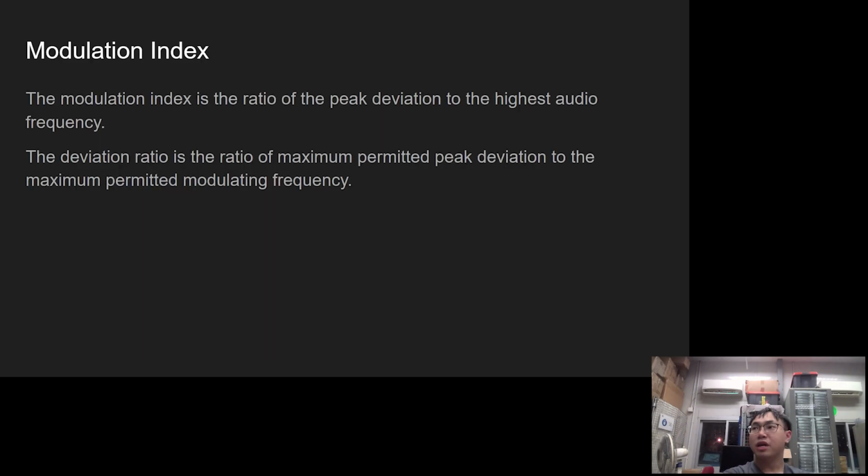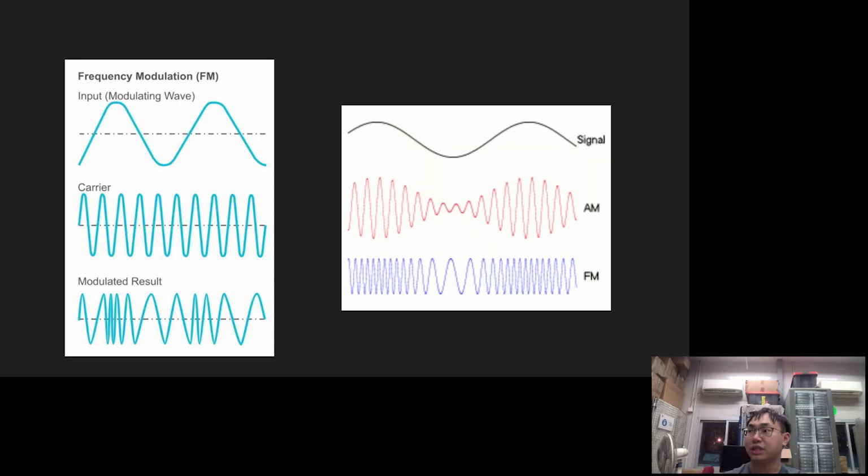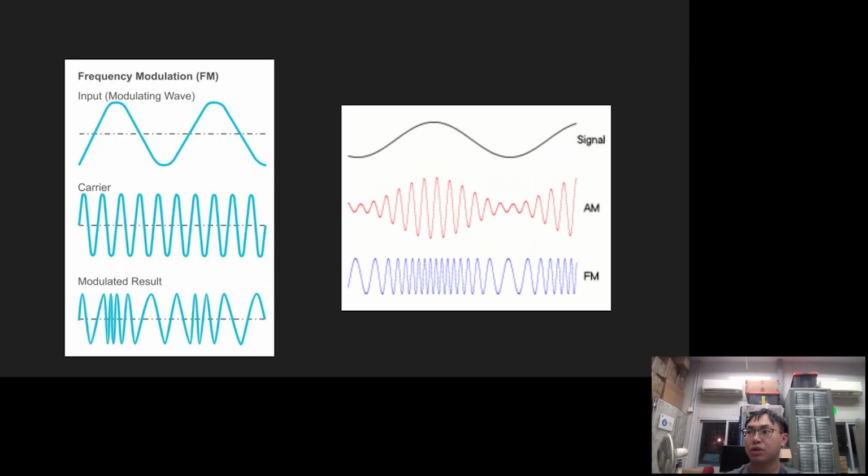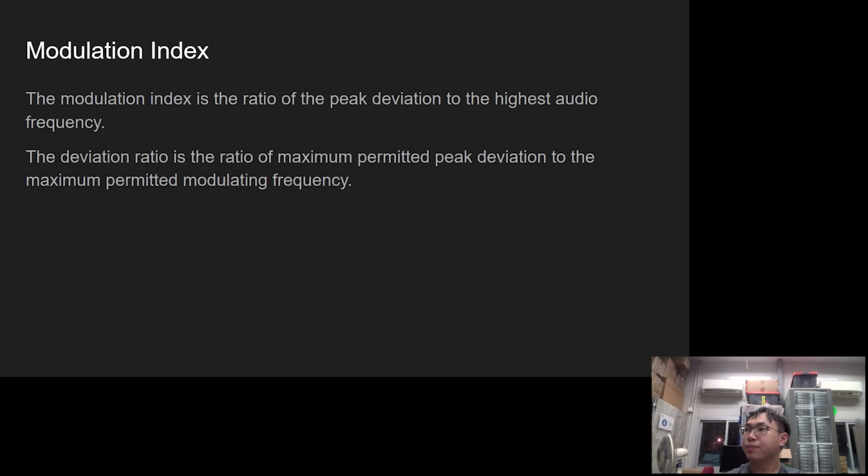Similar to AM, FM also has a modulation index, which describes how deep the modulation is. For the FM radio, the modulation index or ratio is the maximum permitted peak deviation over the maximum permitted modulating frequency.